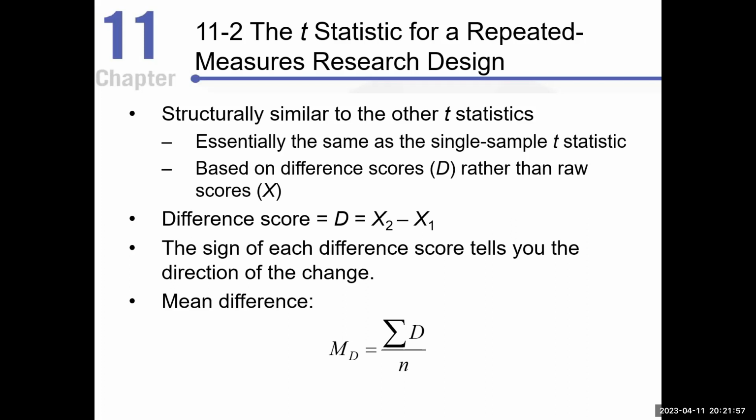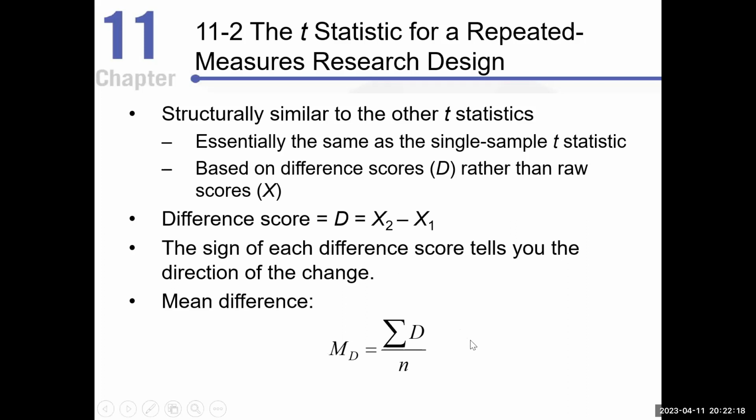If there's a positive number, then you know that there was an increase, right? So positive numbers mean there's an increase depending on what you're measuring, and any negative score means there was a decrease from time 1 to time 2. Okay, so you'll be mindful of that when you're looking at the signs of those difference scores.